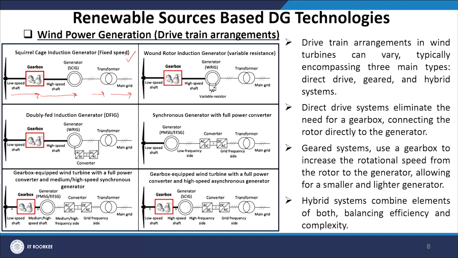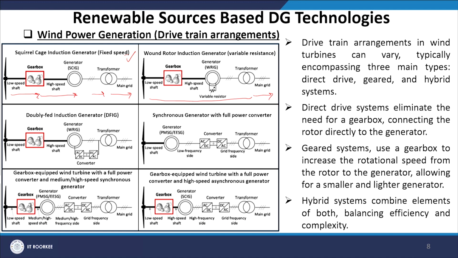And this is a fixed speed machine. We have one more category known as the variable resistance wound rotor induction generator. The mechanism is almost similar. However, we can see a wound rotor IG which contributes to variable resistor, and finally through a transformer the energy is fed to the main grid.